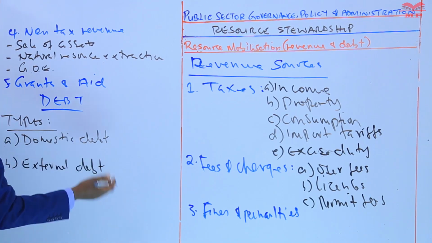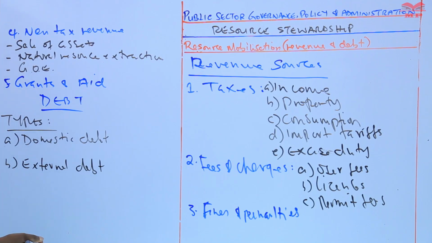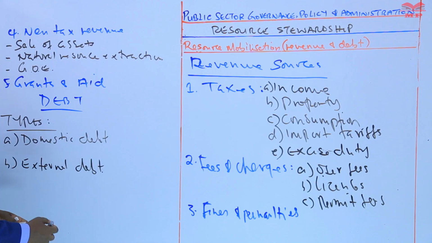Domestic debt is the internal debt. Then we have the external debt. External debt is borrowing from foreign lenders, such as international institutions like the IMF, the World Bank, or even other countries. And debt has some challenges, like sustainability.